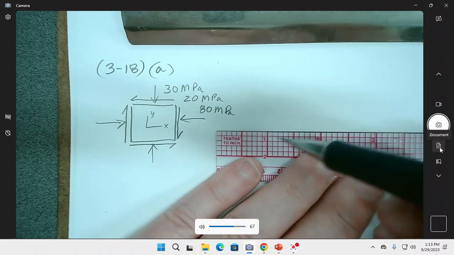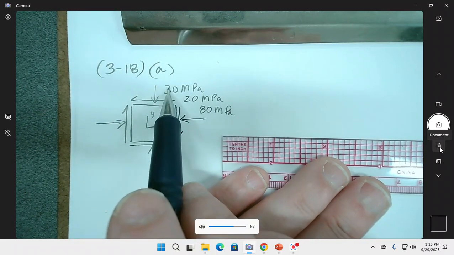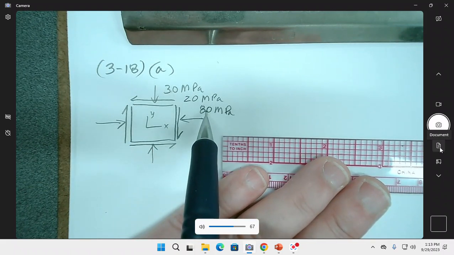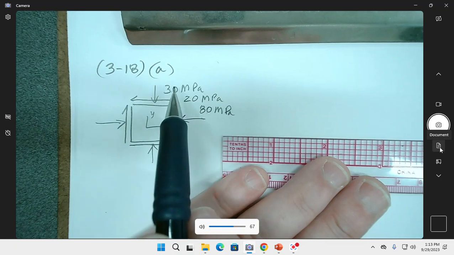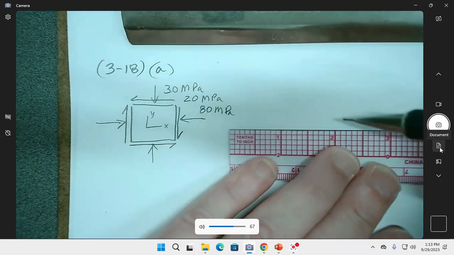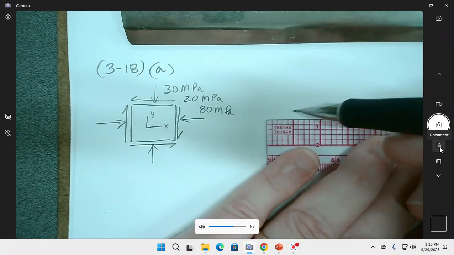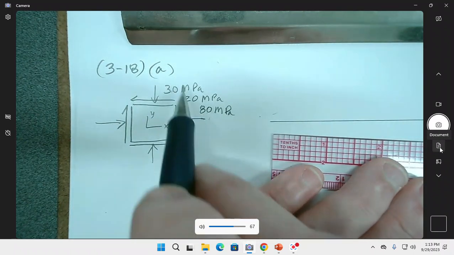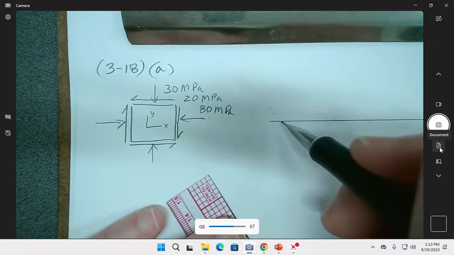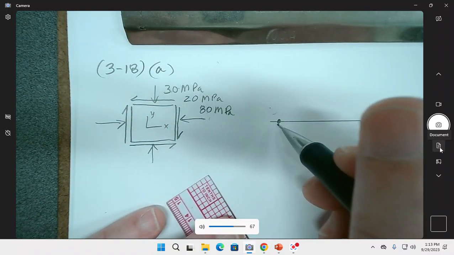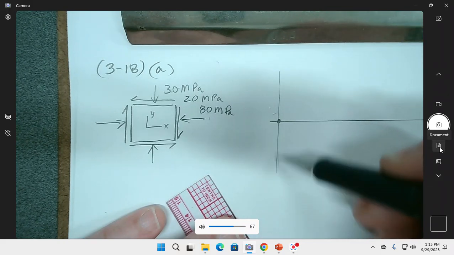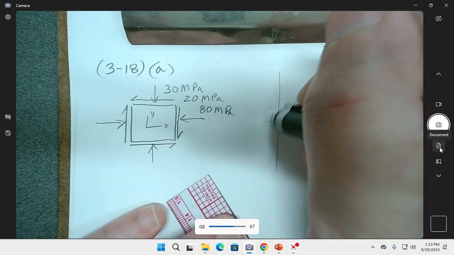So first, we notice that they're both in compression. And this one is about 1/2. I know it's not exactly 1/2, but 40, close enough, right? So if you were just to do this right here, and you were to do it to scale with your ruler, this is a little more than twice that one. So maybe that's over here, that 80. I shouldn't put that dot right there. I should put maybe just a little tick.